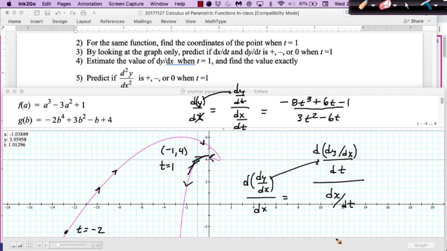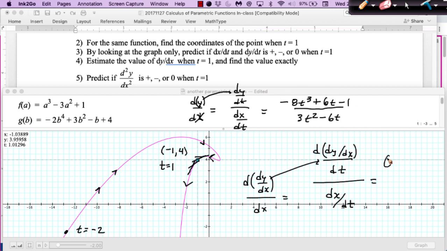Did you follow that? So getting this dy dt over dx dt is the same pattern you follow to get the second derivative with respect to x. So this says take the derivative of this with respect to t. How would I do that? How would I take the derivative of this with respect to t?